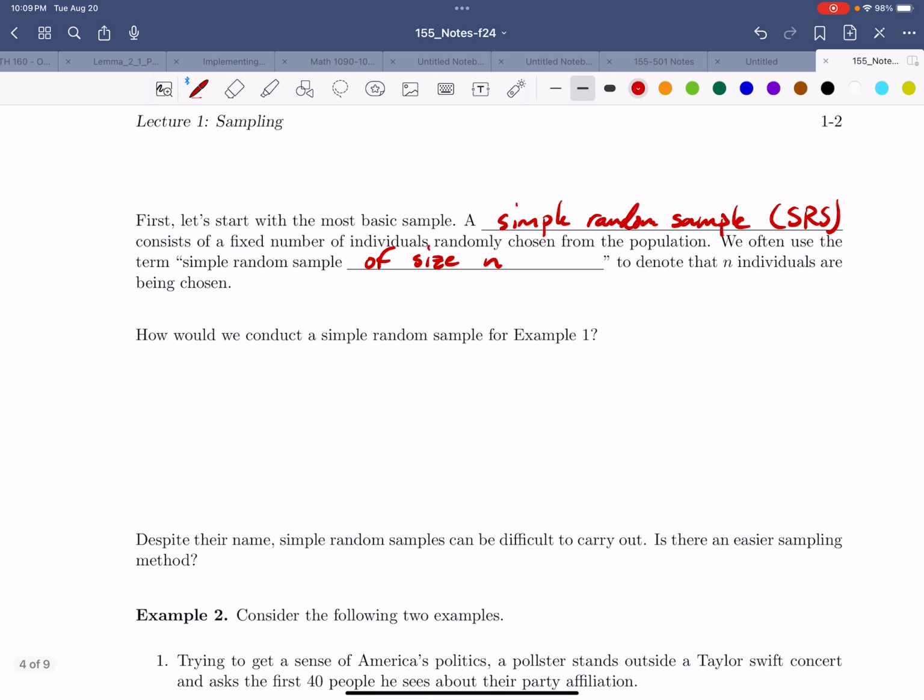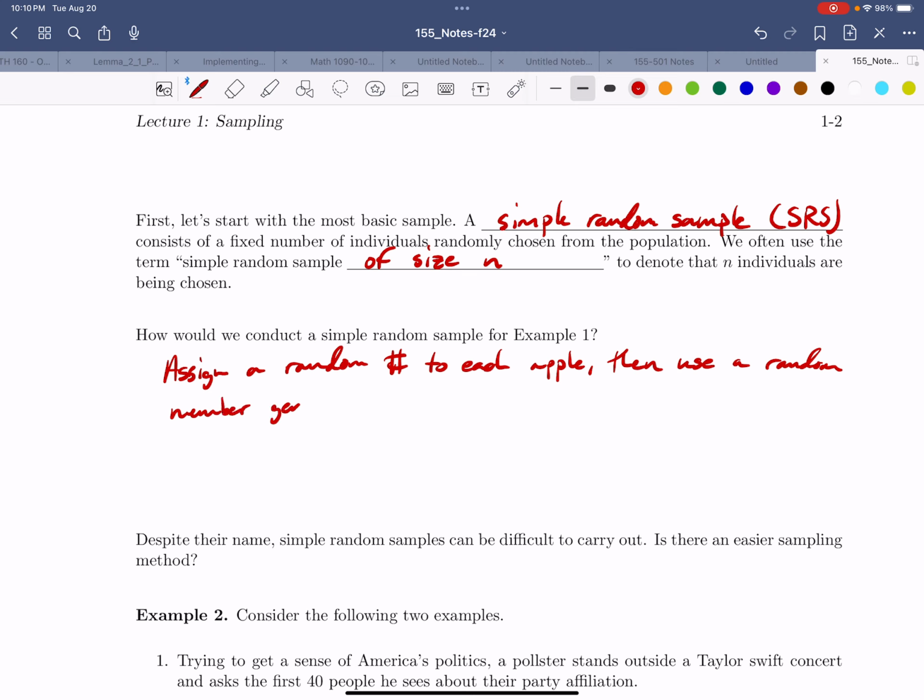So how would you conduct a simple random sample? Well, you could assign a random number to each apple, then use a random number generator to choose 50 numbers between 1 and 1,000.